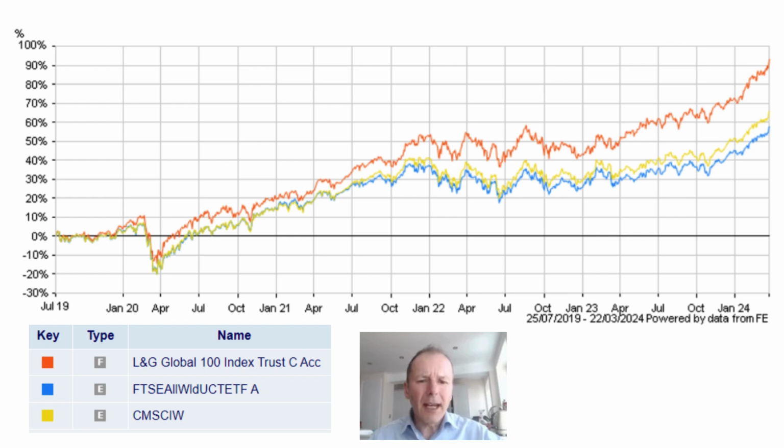This chart compares a favorite of mine, the L&G Global 100, with our global tracker and also an all-world tracker that includes emerging markets. And there's a pretty resounding beat from the Global 100. And the reason for this is that the 100 largest companies in the world are fairly diversified in terms of their product offerings and the geographies they serve.